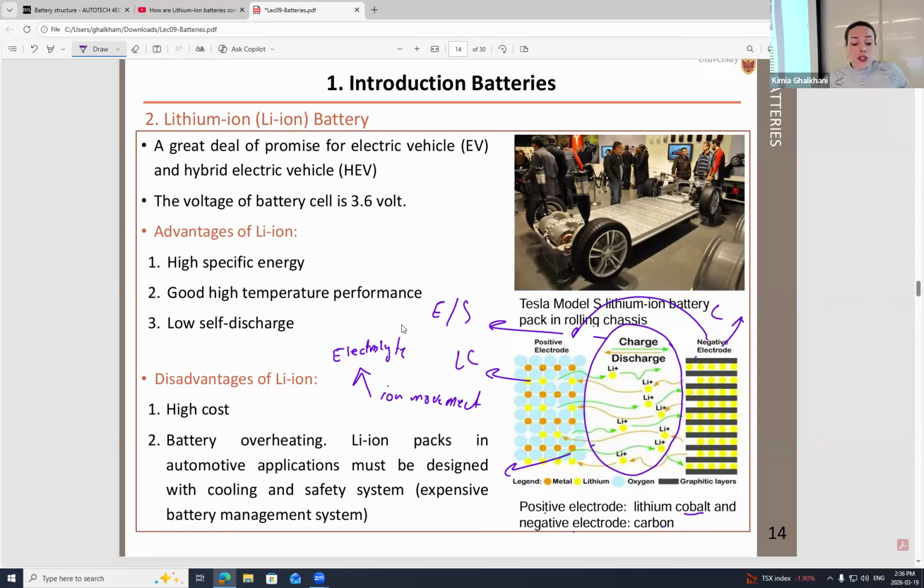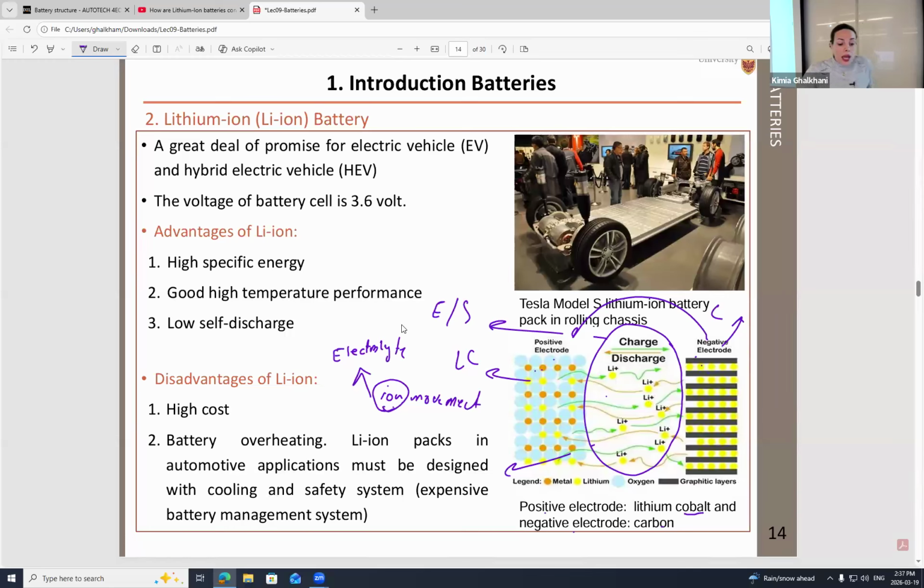Therefore, we need to prevent the electrodes from touching. The separator prevents any accident or touching between the two electrodes. But the main reason for the electrolyte is to move ions from positive to negative if it is charged, and negative to positive if it is discharged. Without that, the ion movement is going to be difficult.